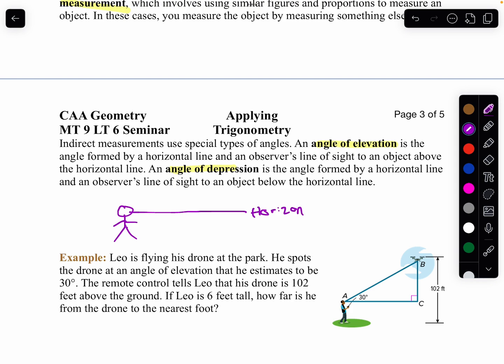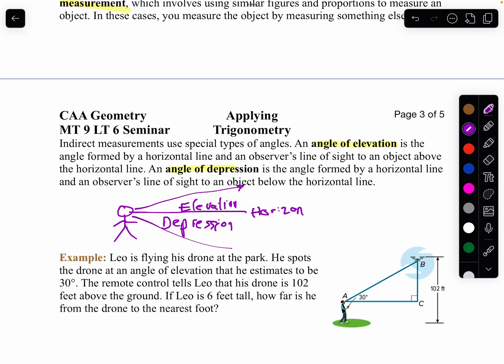If you look up from the horizon, we're going to call that your angle of elevation. If you look down from the horizon, that's the angle of depression.